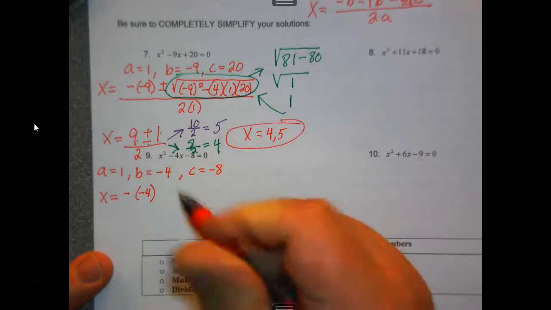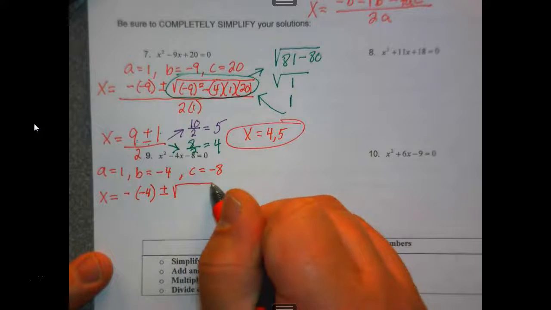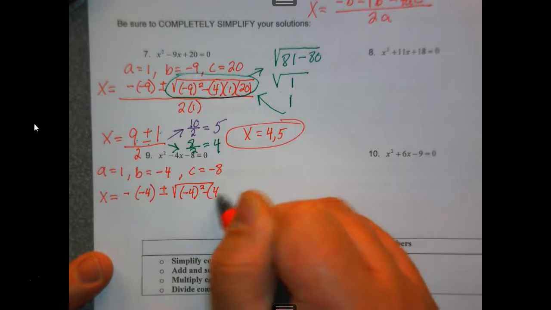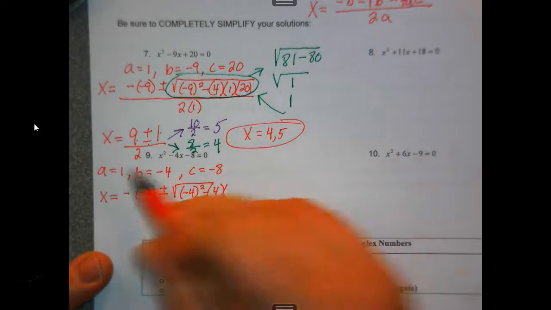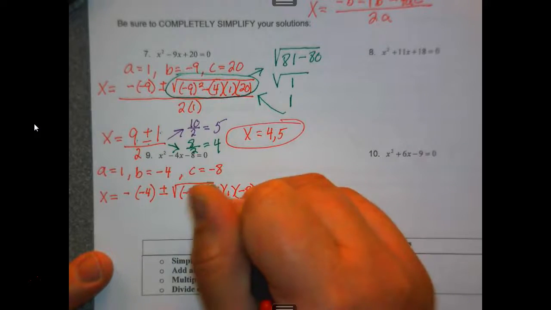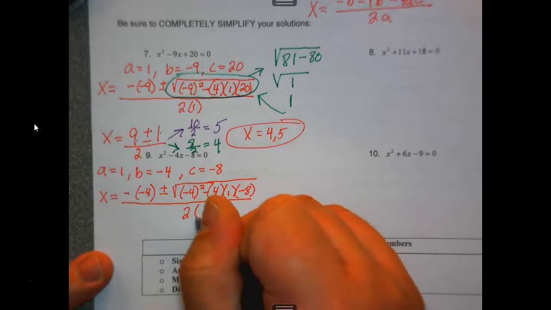Negative 4. Plus or minus the square root of b squared. b is negative 4 squared minus 4 times my a, which is 1, times my c, which is negative 8, all over 2 times a, which is 1.